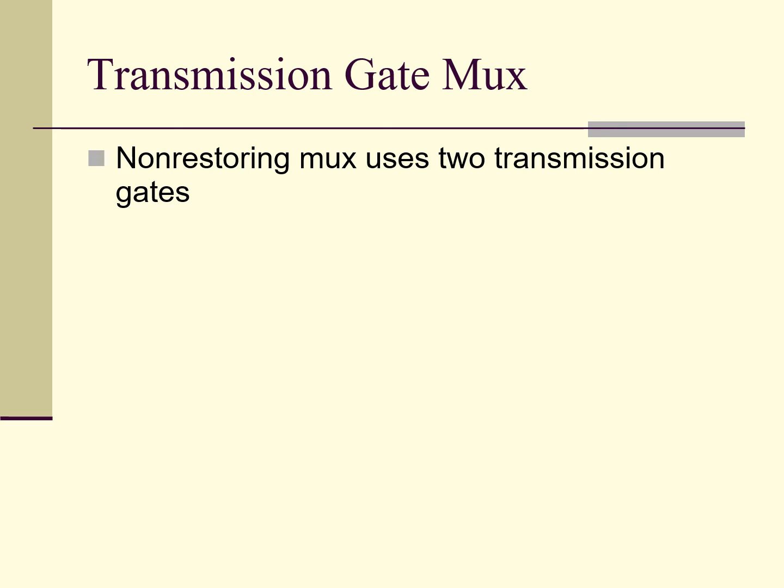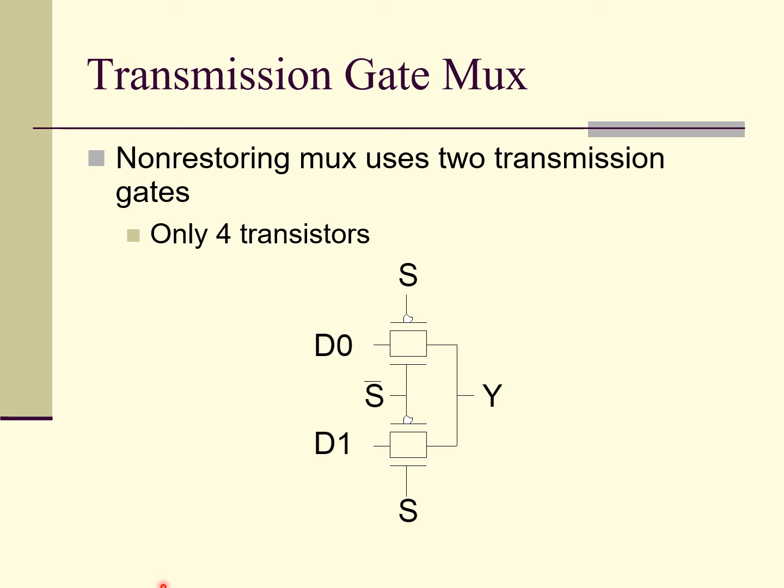This is the non-restoring multiplexer, where it uses two transmission gates at once. What I mean is, this is one transmission gate and the other one is this transmission gate. So basically it has the PMOS, NMOS, PMOS and NMOS, four transistors at once.